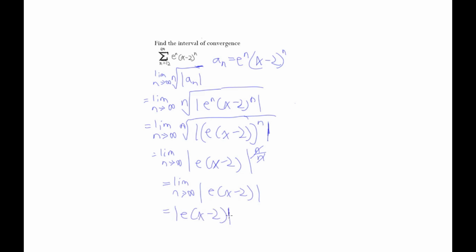Now, the root test tells us, similar to the ratio test, that when the interior value is less than 1, then the sum will converge. So therefore, we have to set this less than 1 to figure out what x would be equal to so that this entire series does converge.